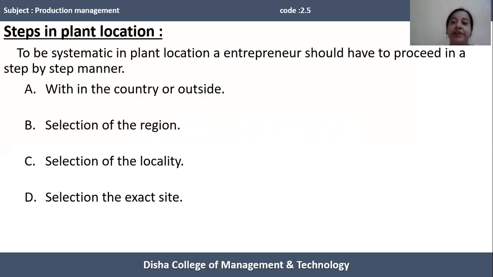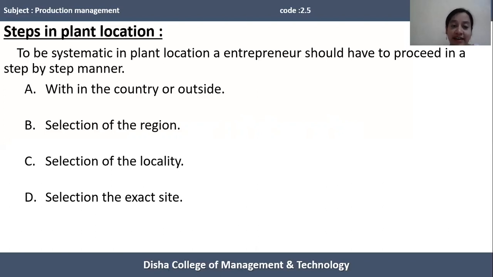They have to identify a location by adopting different procedures and performing various activities in a step-by-step, systematic manner, so that they can identify a good or ideal location for their plant. So, what steps does the entrepreneur generally follow? Let me discuss.